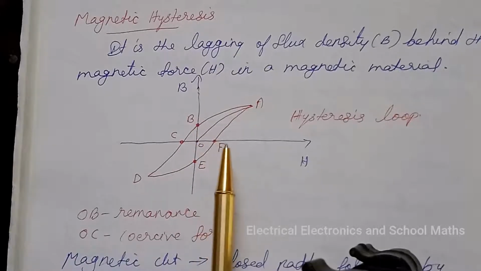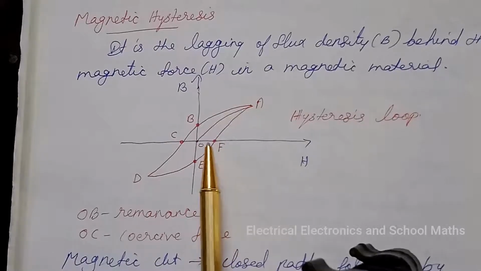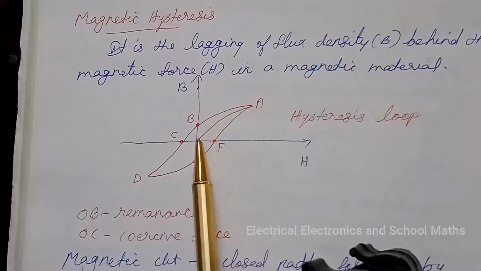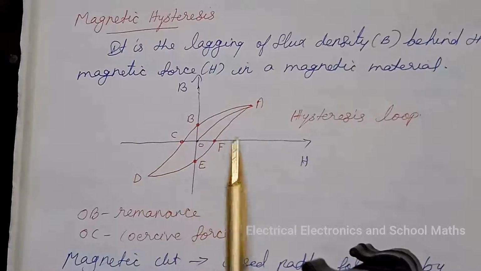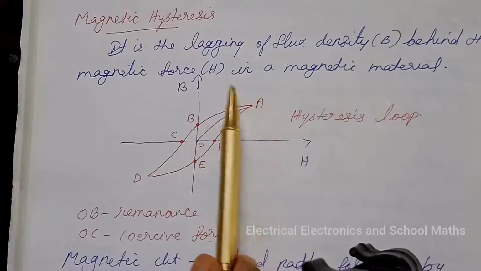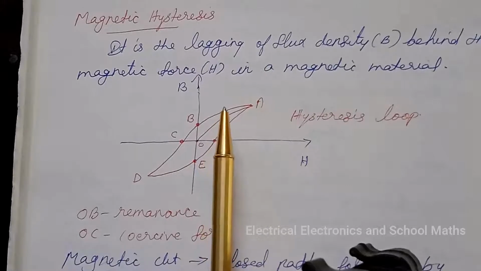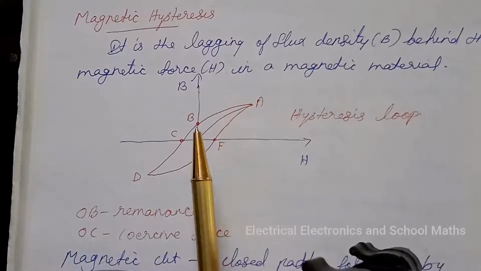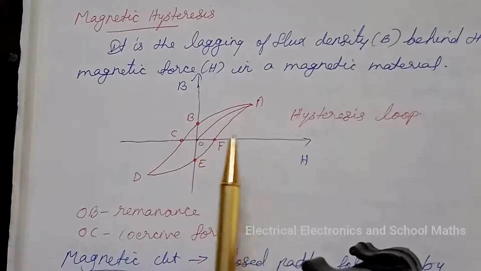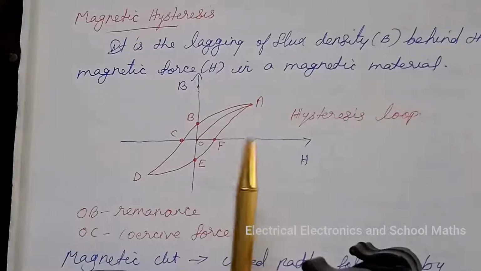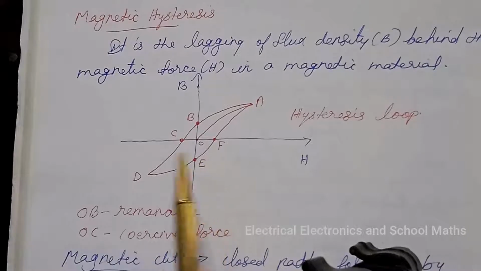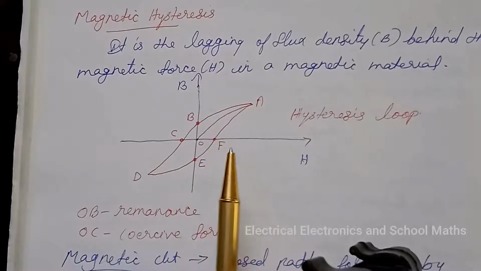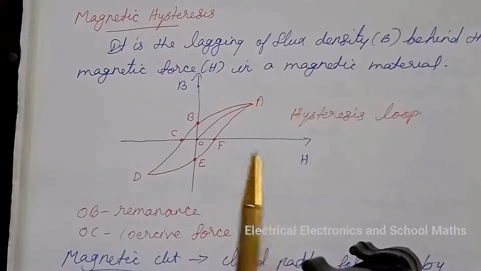This fact is called hysteresis, and the curve ABCDEFA is called the hysteresis loop. That is, the tendency of a magnetic material to retain a portion of its magnetic properties is known as hysteresis.